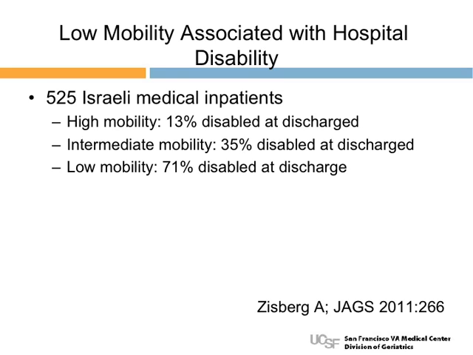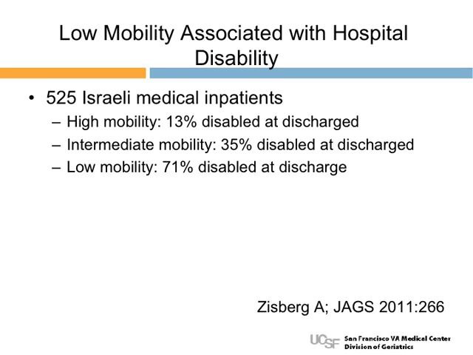When I say high mobility, this is not running a marathon in the hospital. High mobility basically meant that on most days you got out of your room. Intermediate mobility means most of the time you got out of bed. And low mobility means you didn't even get out of bed. So very basic level mobility.